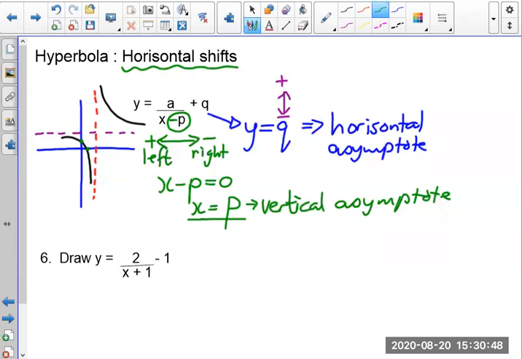So you start with the asymptotes, the horizontal asymptote, which you get from q. Now you do the vertical asymptote, which you get here. And remember what we said. If you subtract from the x, the graph moves to the right. If you add to the x, the graph moves to the left. It feels wrong.